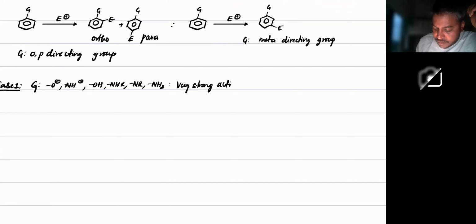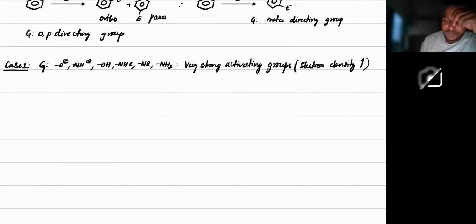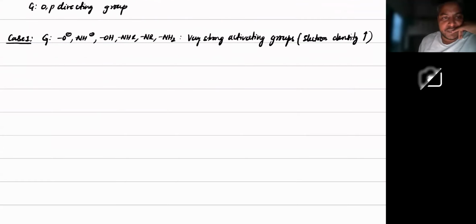These are called strong activating groups. So basically, they will increase the electron density on the benzene ring. These are very strong activating groups here. Understood? So whenever you see these groups, you should understand that we are talking about very strong activating groups.